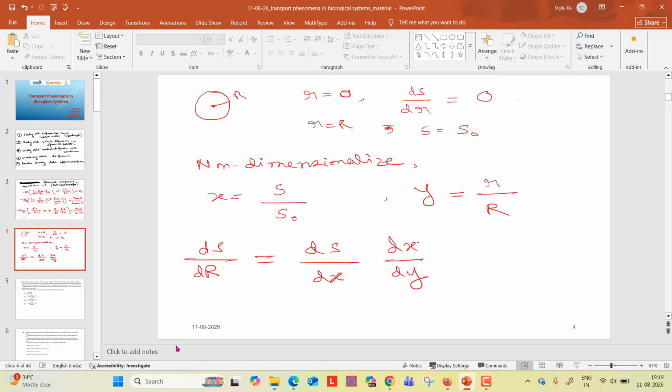And now y is related to r, so dy/dr. If you have studied the chain rule, you can understand this, right? Now dS/dx is S0. Only S0 is left. dx/dy we don't know, and dy/dr is 1 by R, right? So it will finally be S0 by R into dx/dy, right?